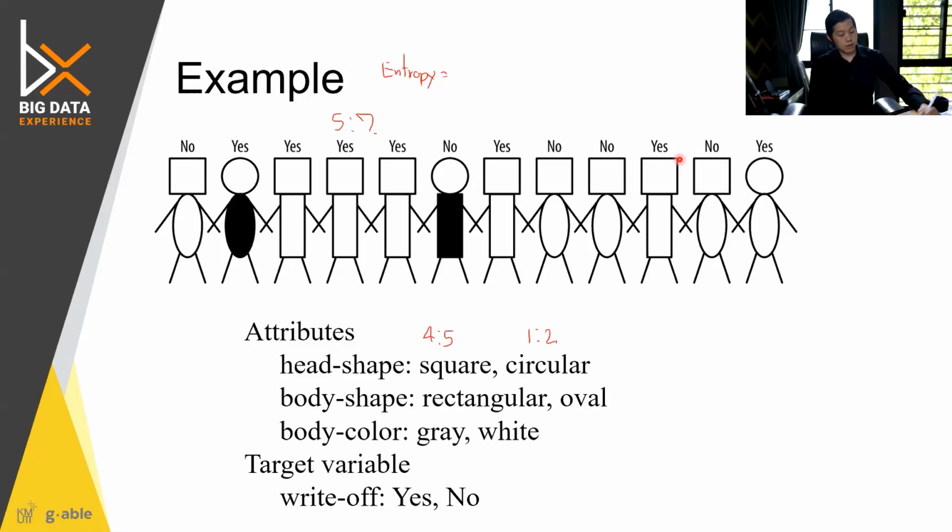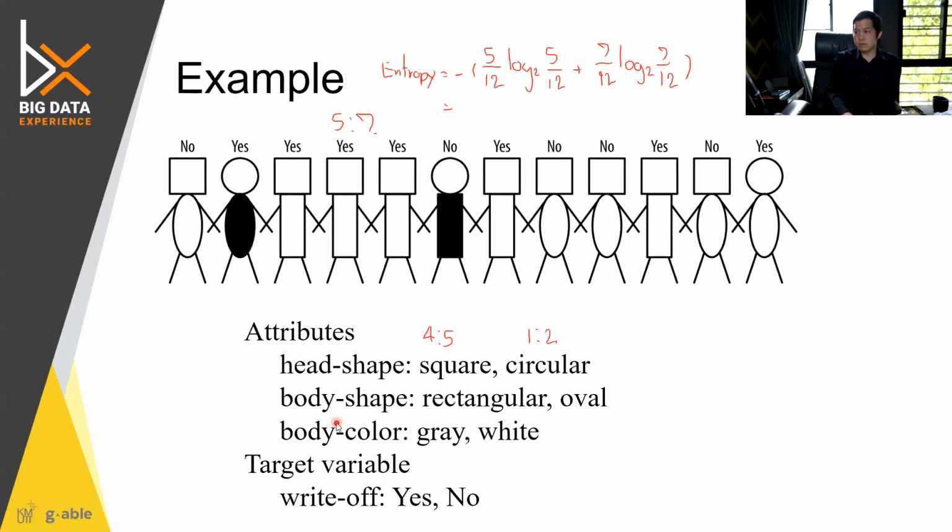Entropy would be minus P of no, which is 5 over 12, times log 2 of 5 over 12, plus 7 over 12 times log 2 of 7 over 12. What is the value of entropy? Can you tell me here?